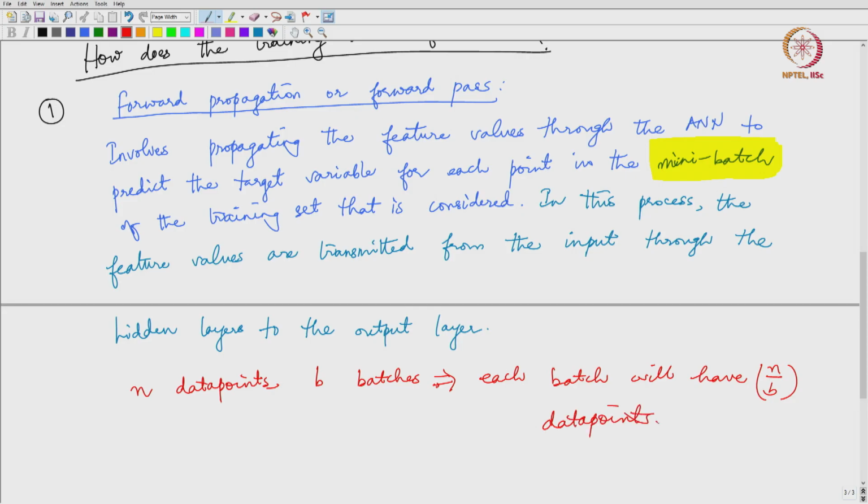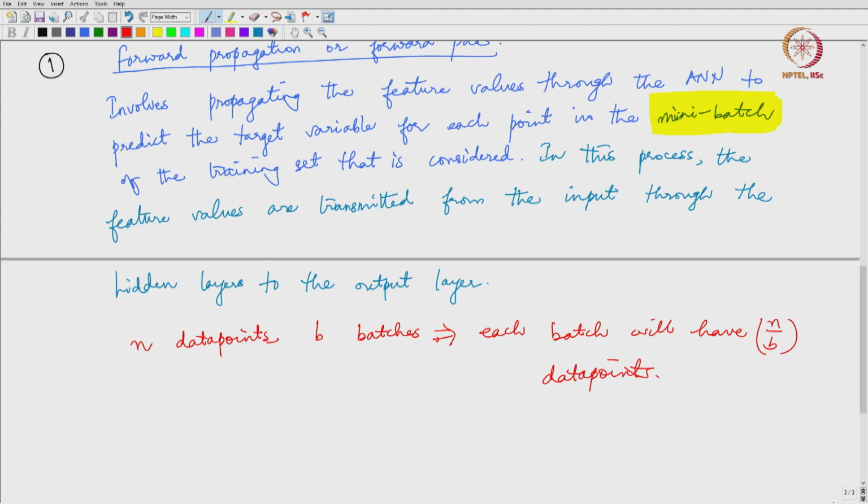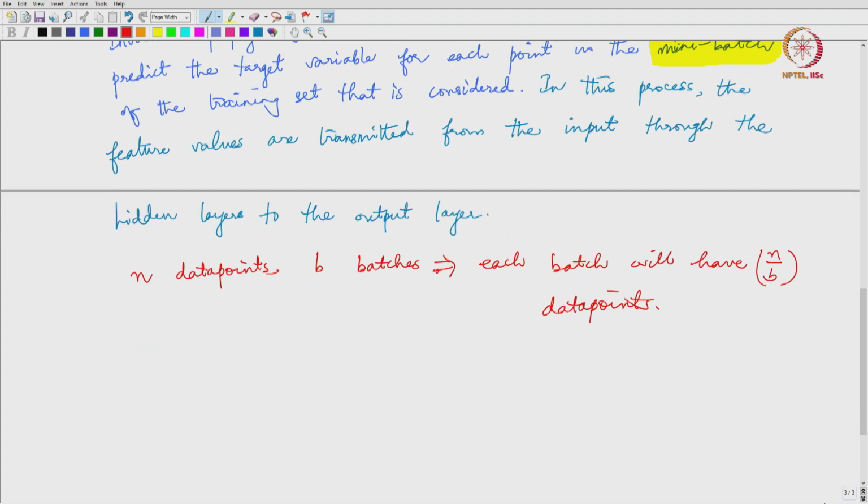It is this number of data points for which you are computing the prediction. So let us say you tabulate all the data: you have features, data point, and then the target variable prediction.